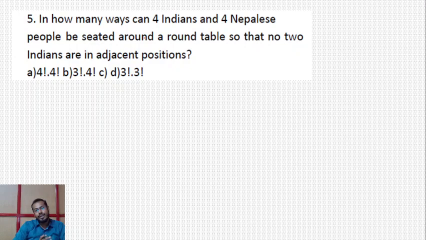In how many ways can 4 Indians and 4 Nepalis be seated around a round table so that no 2 Indians are in adjacent positions? If they are talking about Indians, no 2 Indians should sit together, which means you need to check the Nepalis first.